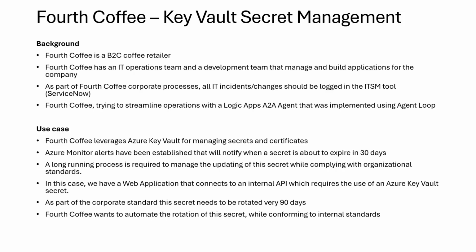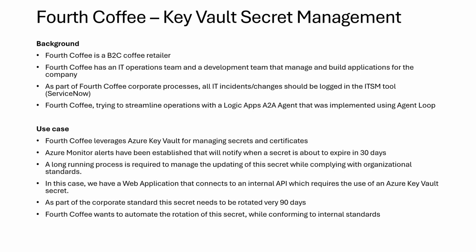So the actual use case that we want to go after is managing secrets in Key Vault. Within Key Vault, naturally, you can manage certificates and secrets and keys, and they will have expiration dates. Now, what you can do is configure alerts in Azure Monitor when a secret is about to expire, and that's what we're going to lean on here. So the idea is that a key is about to expire, and then we want to kick off a process to update these things.